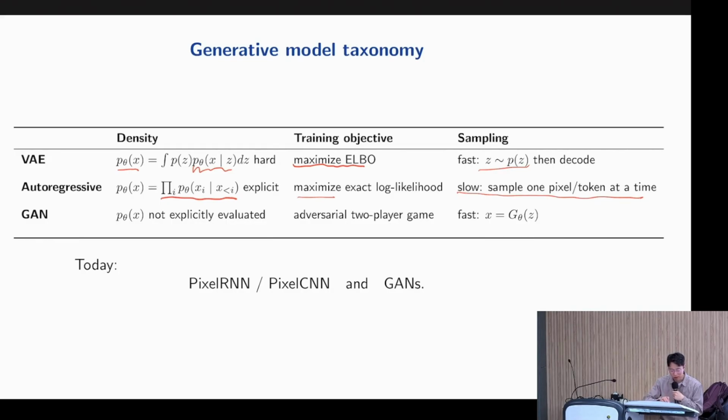GANs, we don't bother evaluating p theta of x, but instead we formulate it as a two-player game between two adversarial players, generator and discriminator. And here, generation is also fast. You just sample some random vector from some easy to sample distribution and turn it into an image or whatever you want.